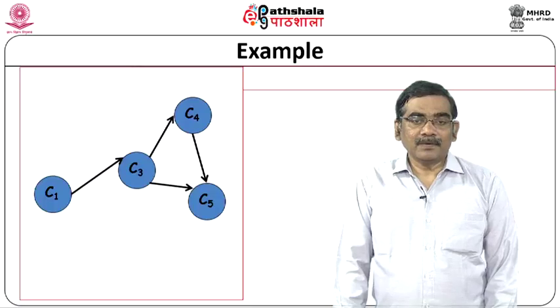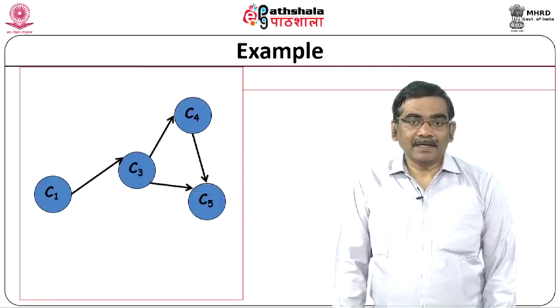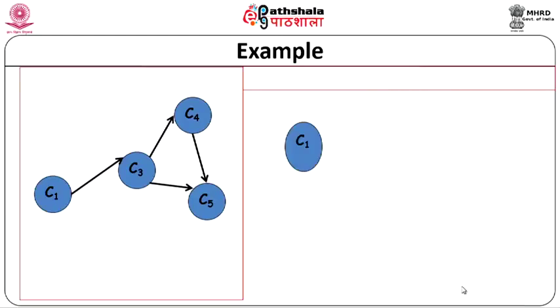The algorithm says we have to find the node which does not have any prerequisite. That means I should find a vertex which does not have any in-degree. Now you see from this graph, C1 is a course which does not have any prerequisite. So, I will do C1, then I will do C3.